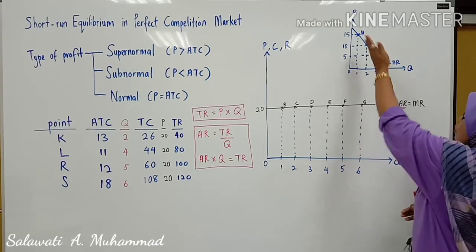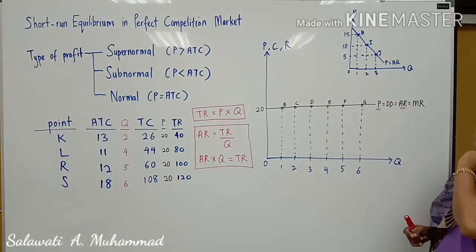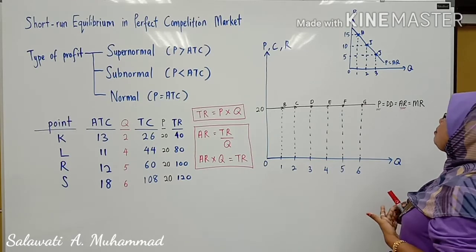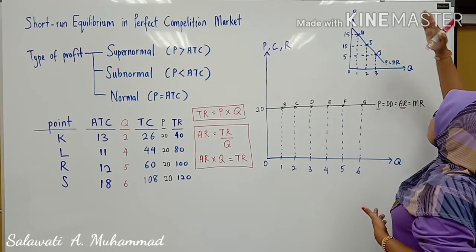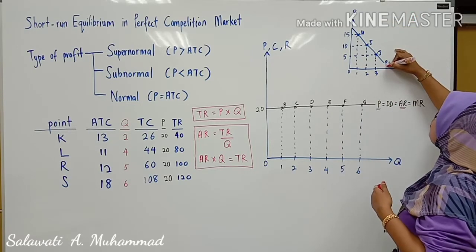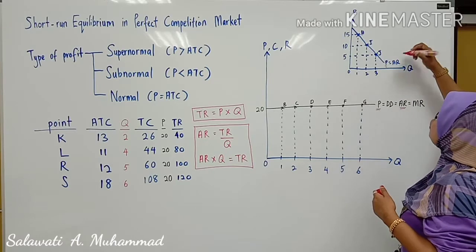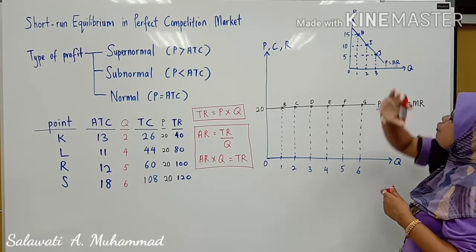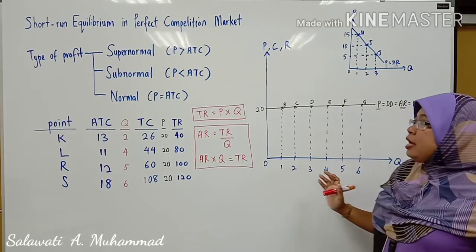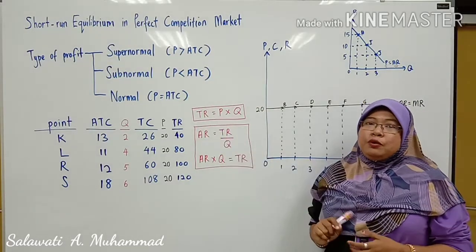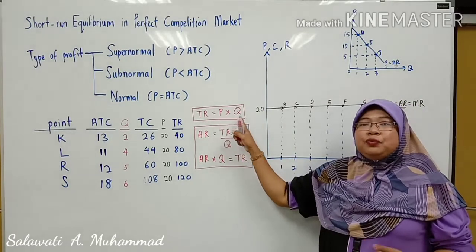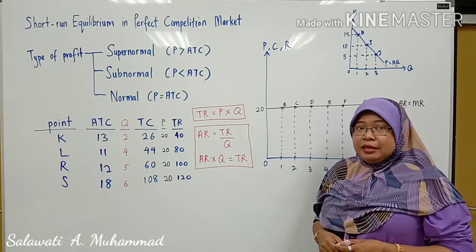But for monopoly, we have a different shape. Okay, it's still a straight line. by multiplying price with quantity.